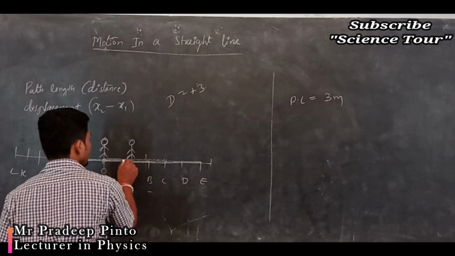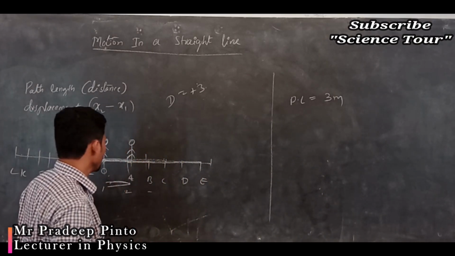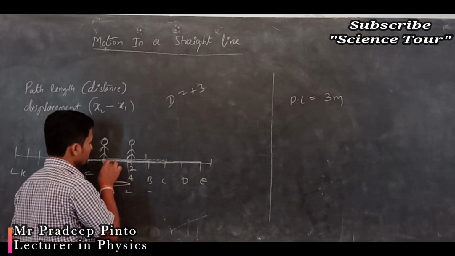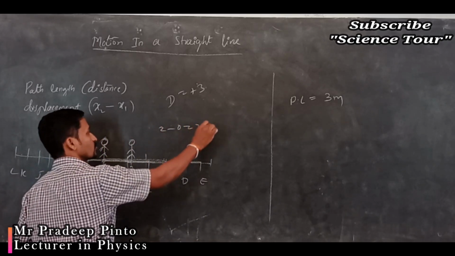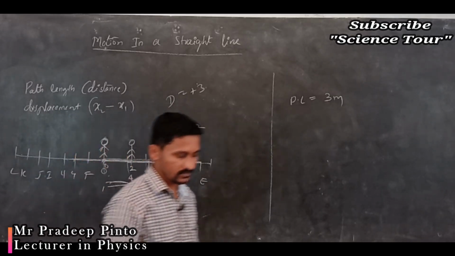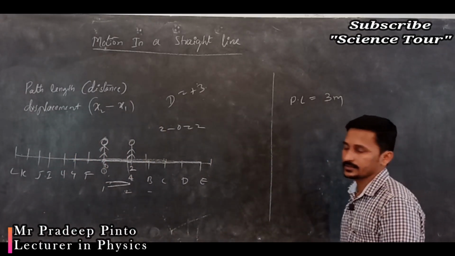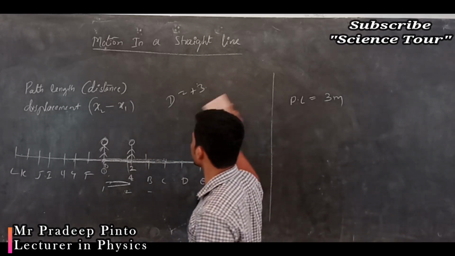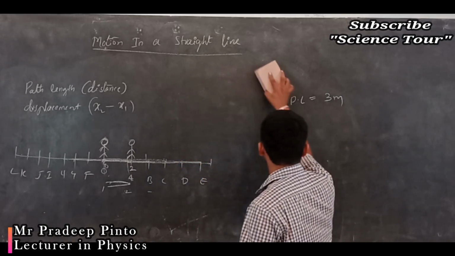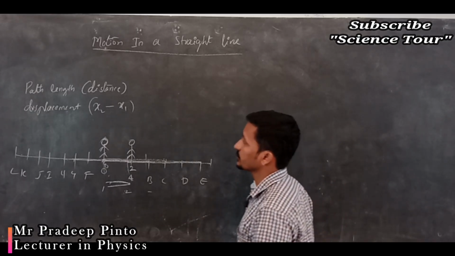Say 1, 2, 3, you will say the final point is 2, the initial point is 0, 2 minus 0 is 2. It is not possible. That's why displacement gives you the accurate position wherever it is.